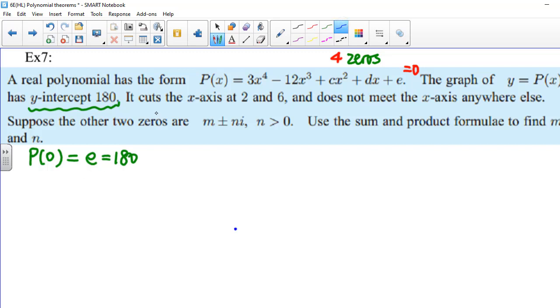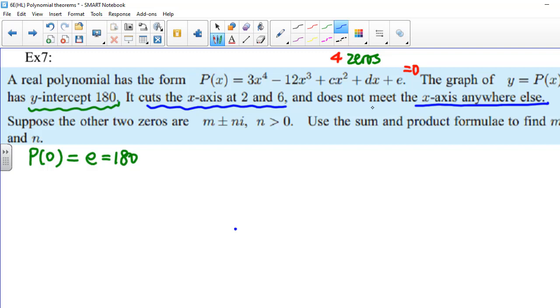Let's look at the third condition. It cuts the x-axis at 2 and 6. 2 and 6 are the zeros and does not meet the x-axis anywhere else. This one suggests the other two zeros must be imaginary numbers.